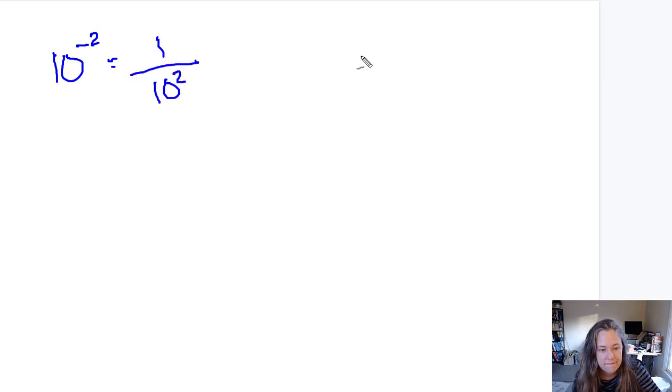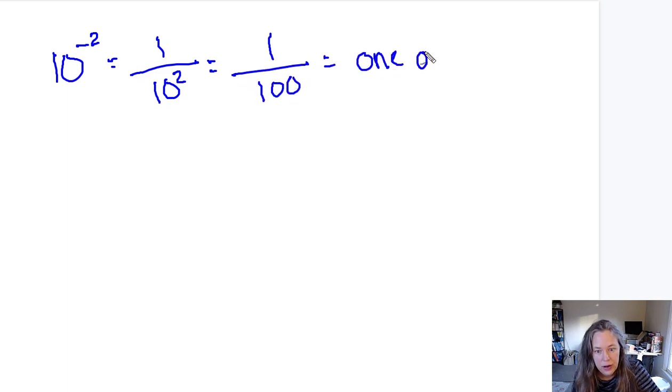Okay, now let's just look at, oh, I forgot to warn you that I was erasing, sorry. Now let's just look at 10 to the negative 2. 10 to the negative 2 is 1 over 10 to the 2. That's 1 over 100. That's 1/100th.